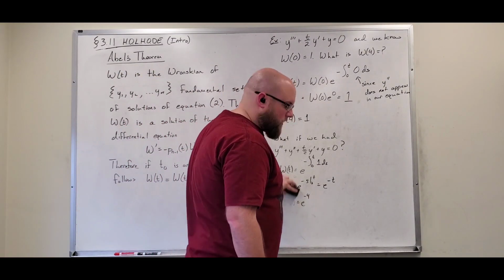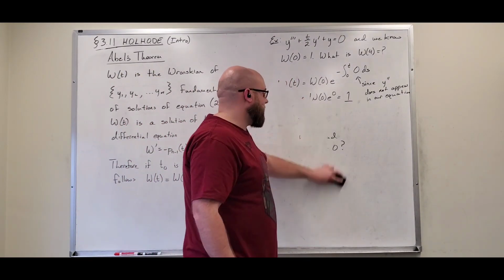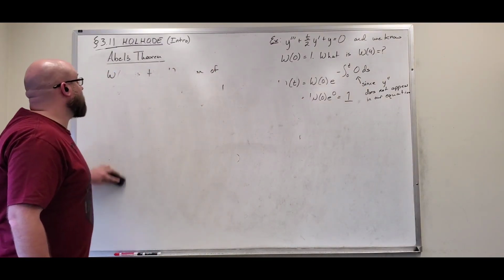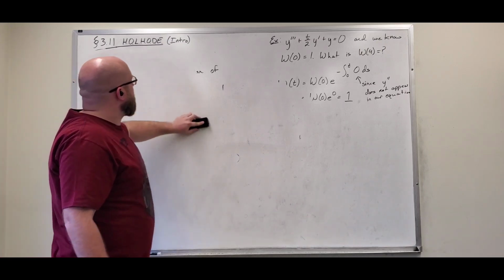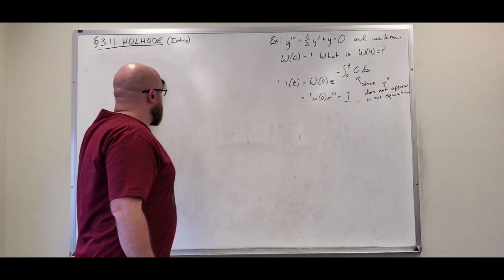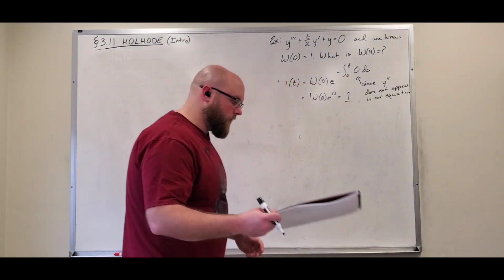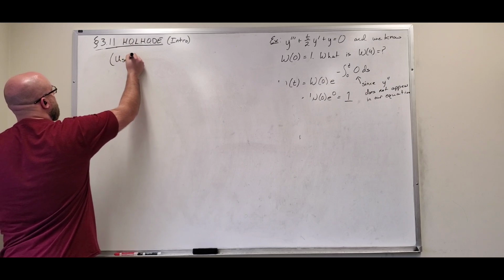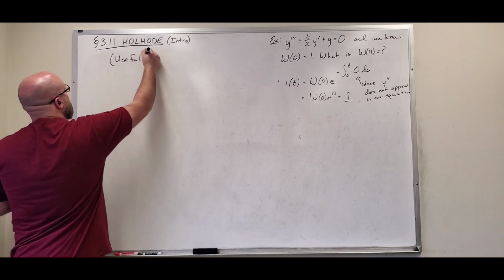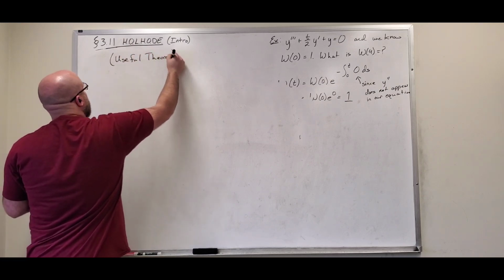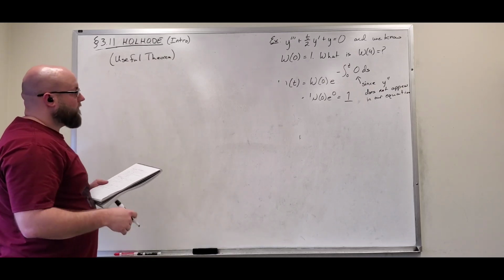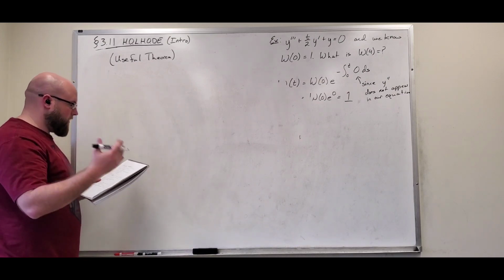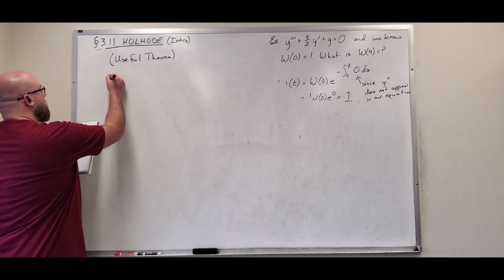All right. Another useful theorem that we have out here, and this is our last one that we're going to cover for section 3.1.1. I'm going to call this a useful theorem. It's kind of adding on the idea of Abel's theorem that we've already talked about, but it's just reinforcing it.